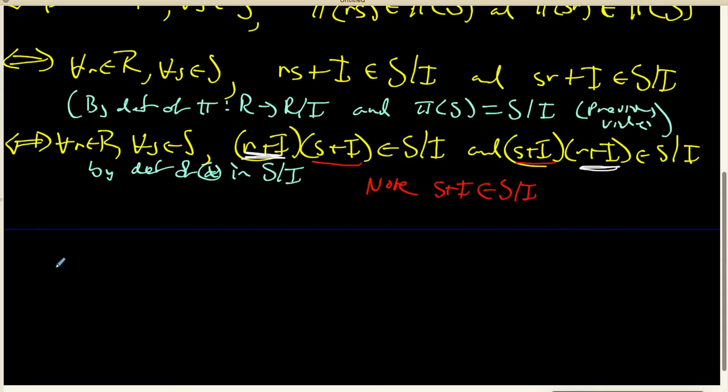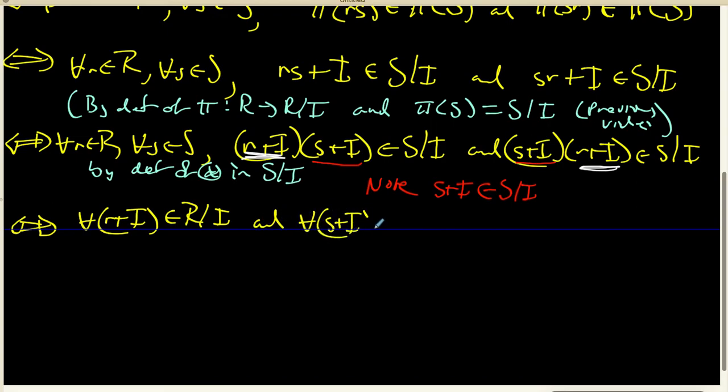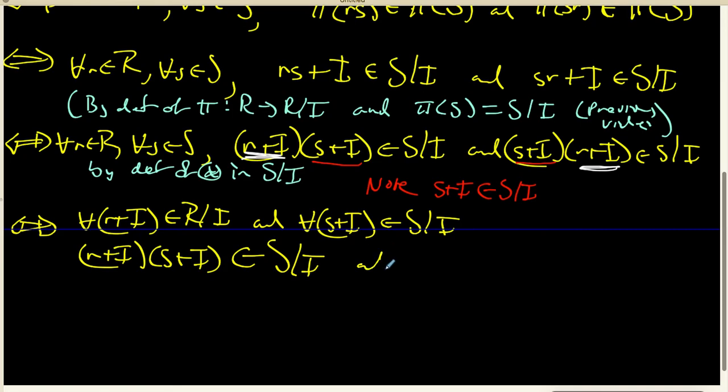This last statement is true if and only if, for every r + I inside the quotient ring R/I and every s + I inside the quotient ring S/I, we have (r + I)(s + I) belongs to S/I, and (s + I)(r + I) belongs to S/I.